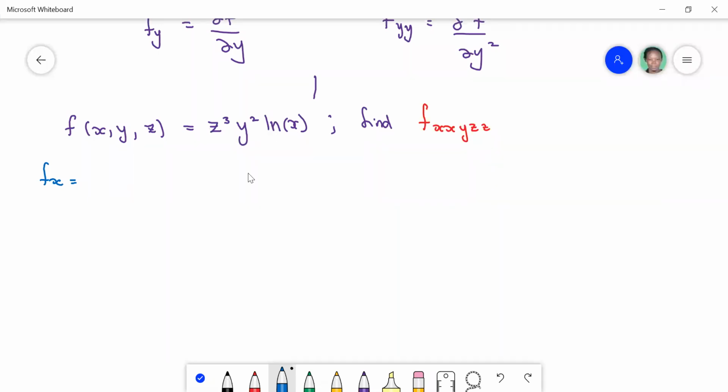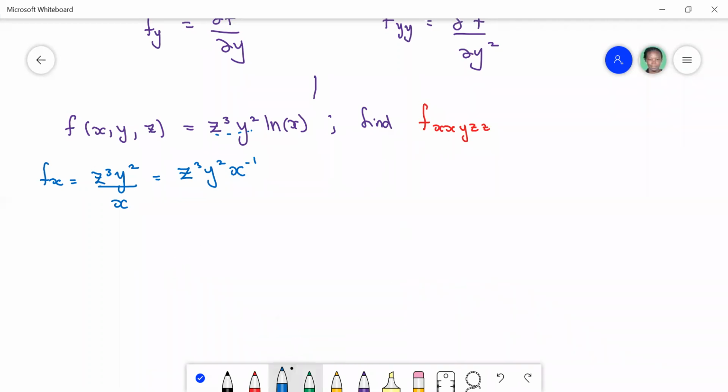All these are constants multiplying our x. But the x is what? Ln x. If you differentiate ln x, what do you have? You have 1 over x. So it means I have z cubed y squared divided by x. This is equally z cubed y squared x to the power minus 1 if you bring it up.